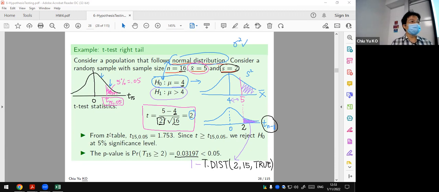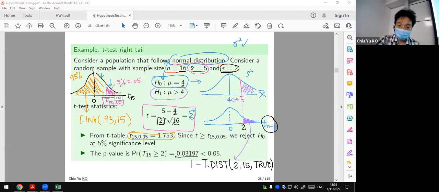Remember, Excel will give you the very left area, so that means this area is 95%. So if you plug into Excel, it will be T.INV of 0.95 and 15. That is how you get this number, and it turns out this number is 1.75.